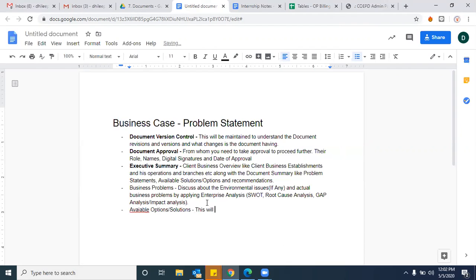This will give us all the feasible solutions which will address the actual business problems and environmental issues, right?